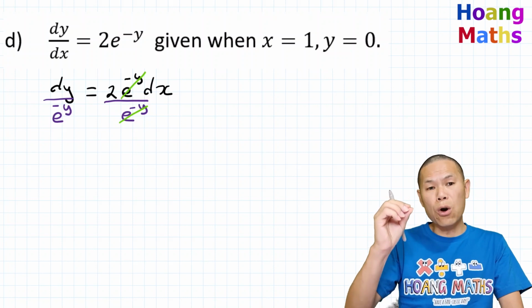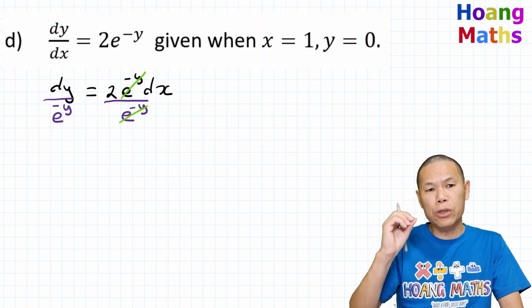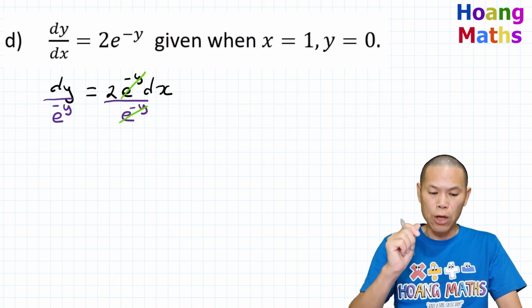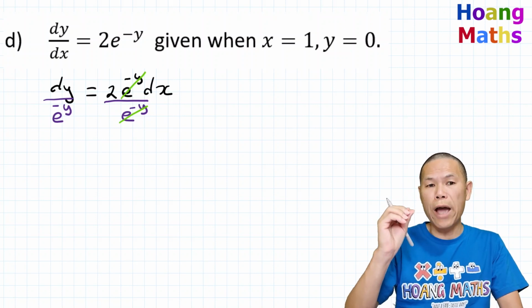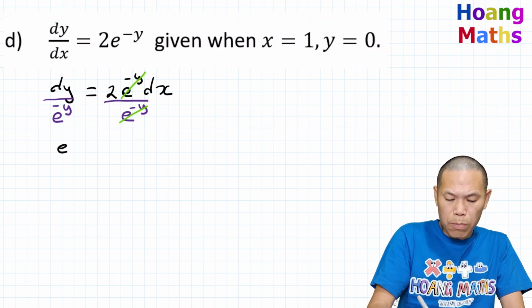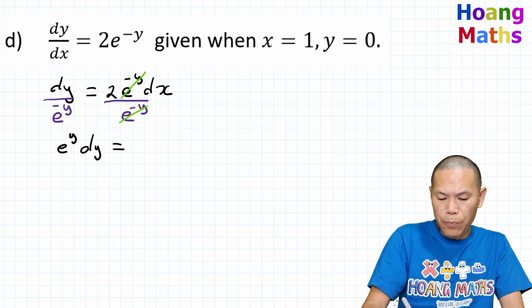So dy over e to the negative y, because it's negative, I can bring it up and it becomes positive. So that becomes e to the y dy, which gives me 2 dx.